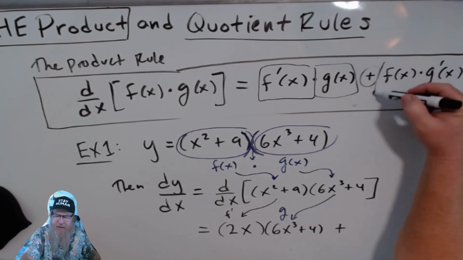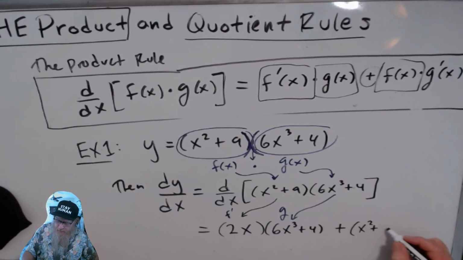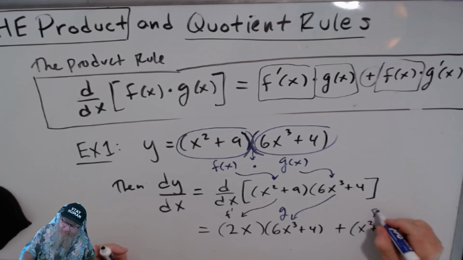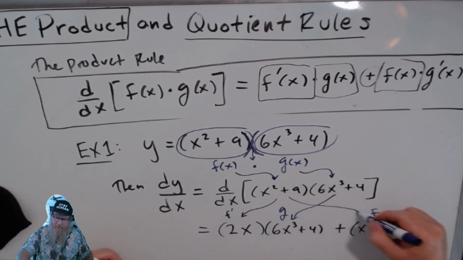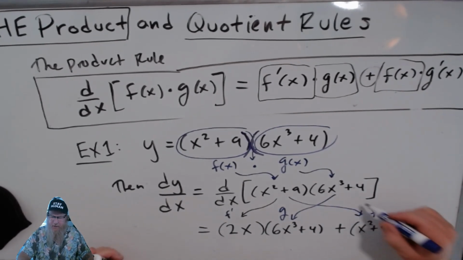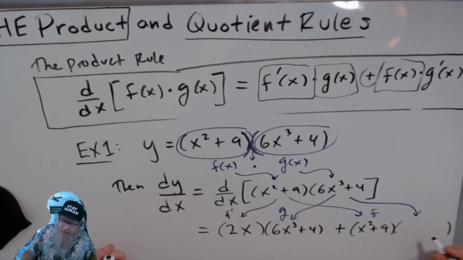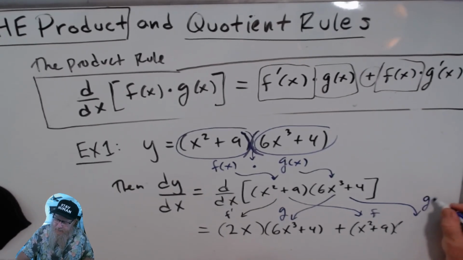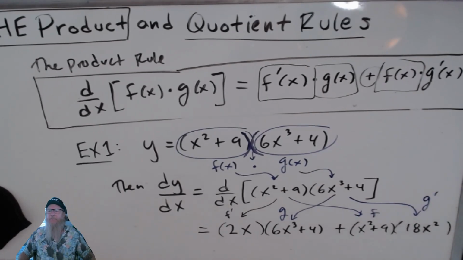Now you write f, x squared plus 9. So there's f. And then you do g prime. So g prime would be 18x squared.